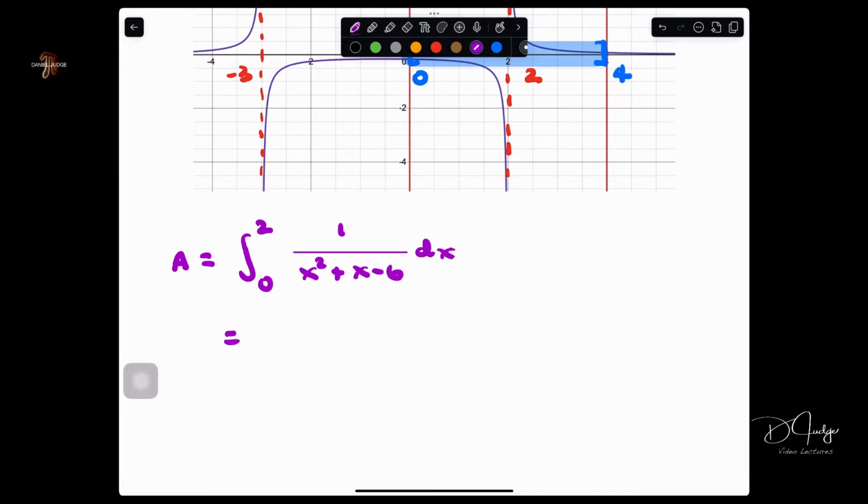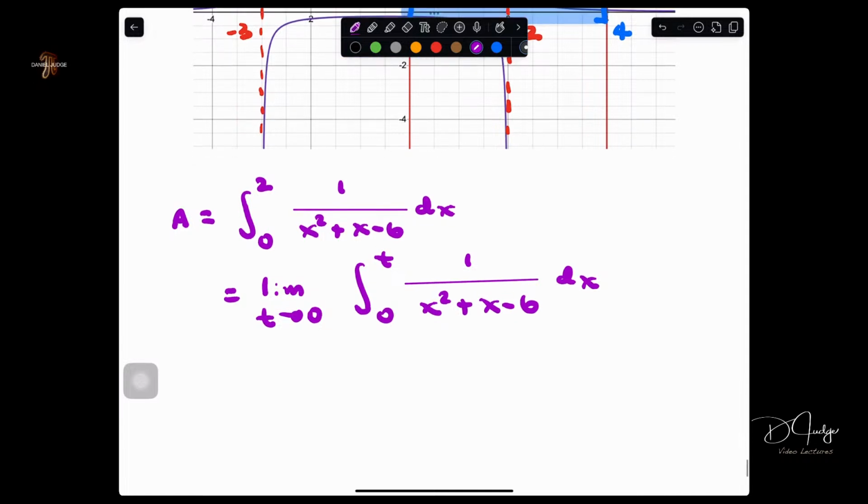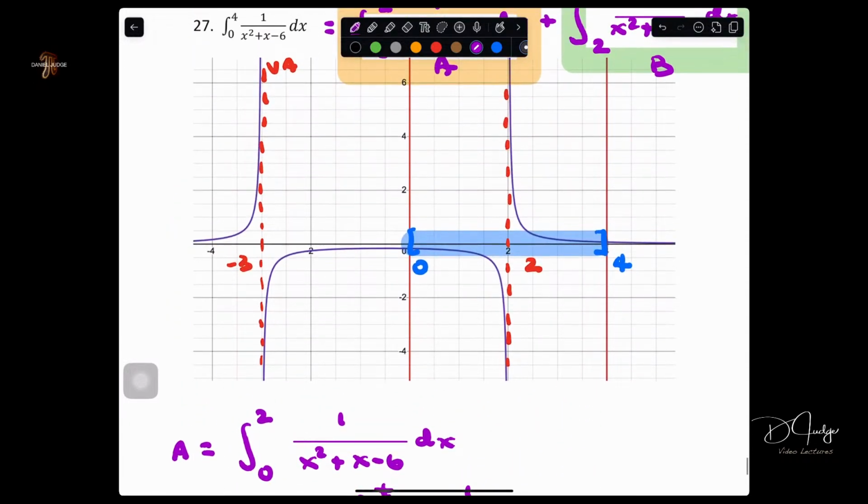And that is defined to be the limit as t goes to 2, as we integrate from 0 to t, 1 over x squared plus x minus 6. Let's take a look at this here and recall that this is the I of t.